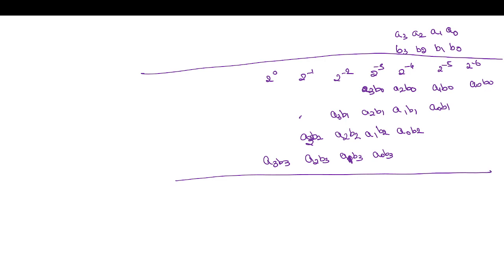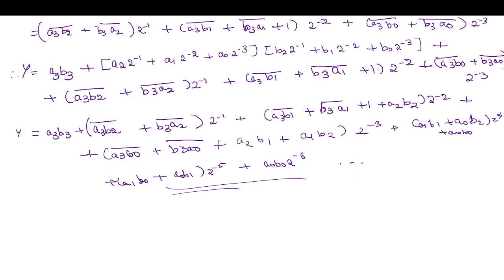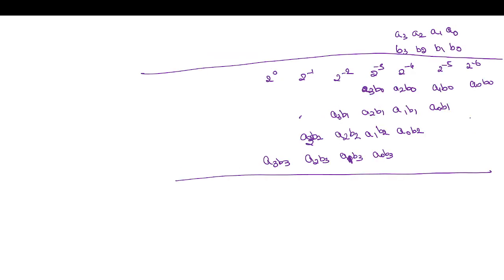So next for 2 to the power minus 5, it is a1 b0, a0 b1. So this is correct. Then next, this is 0.